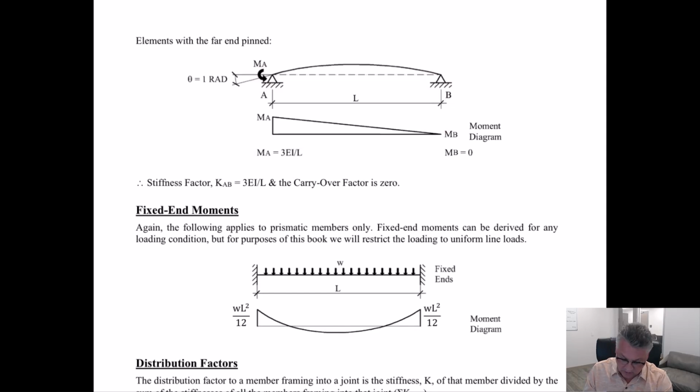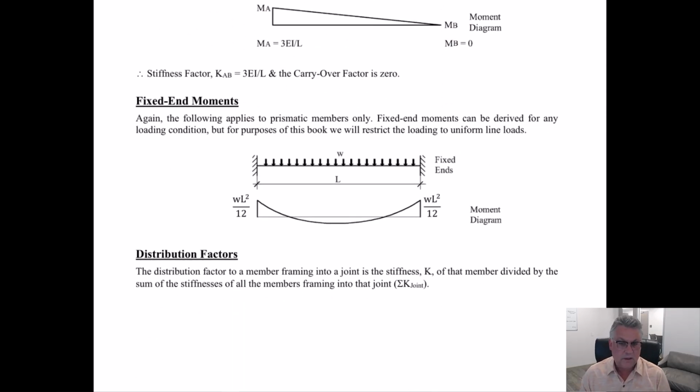That should make sense. And there is no carryover factor because that moment was based on the fact that you knew that the far end was 0. So any moment that we add at this end, none of it will transfer over to the far end. Okay, carryover factor is 0. Stiffness is 3 EI over L.